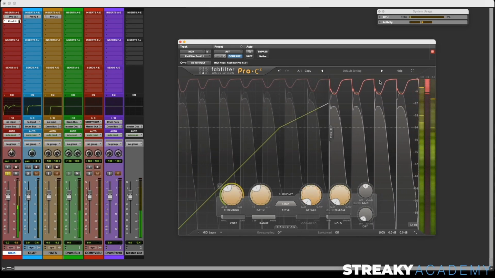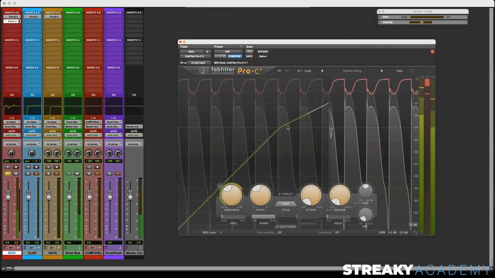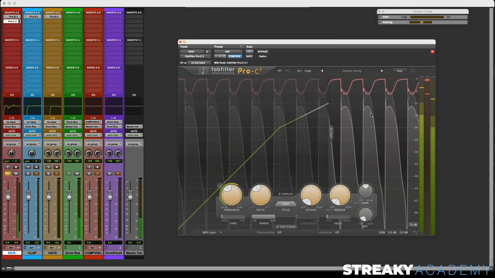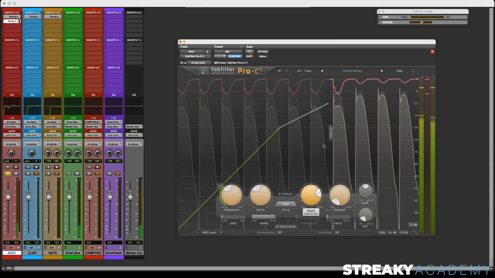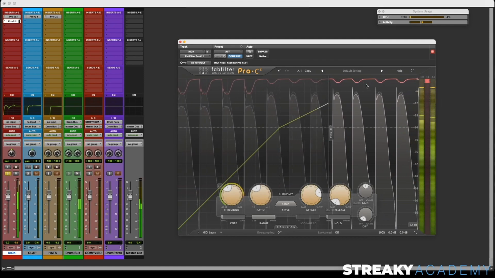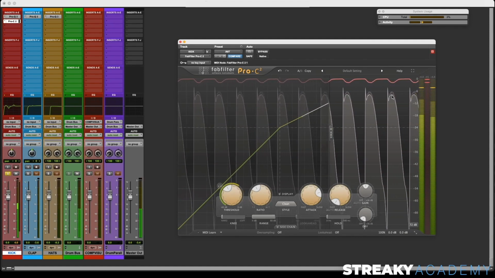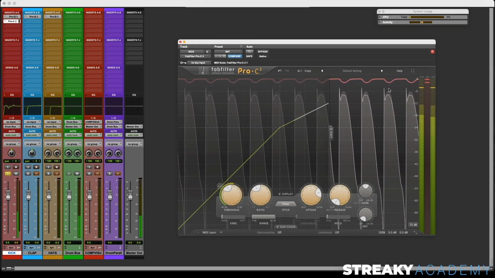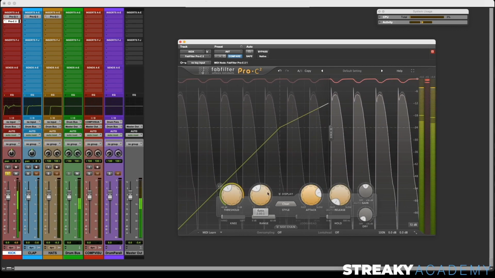A fast attack means it happens instantly, with a fast release meaning as soon as it's reached its desired amount, it snaps back to uncompressed. If I slow this attack down, it never fully gets down to its desired ratio amount before another transient comes in, meaning that it's not really compressed as much because it doesn't have time to pull it down as much as we've wanted it to.